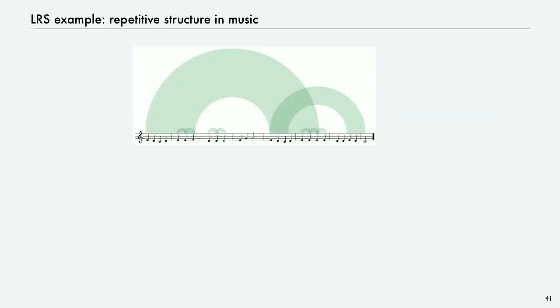Here's another example. People study music to understand the repetitive structure and perhaps compare different musical compositions. So in this one, there's an arc connecting parts that repeat. This is Mary Had a Little Lamb. If you hum that to yourself, you can recognize this repetitive structure.